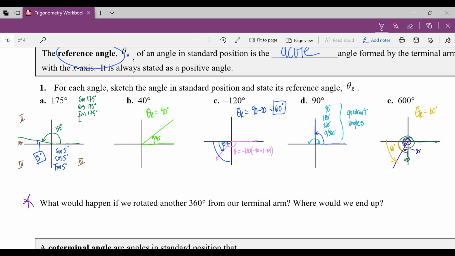So what would happen if we rotated another 360 from any angle we choose? Pick any out. Think of any angle. Think 30. And let's say we rotate 360 degrees from 30 to get 390. In other words, let's say we go from 30 degrees to 30 degrees plus 360 degrees, or 390 degrees. Well, whenever you rotate your angle 360 degrees, you come back to the exact same place.